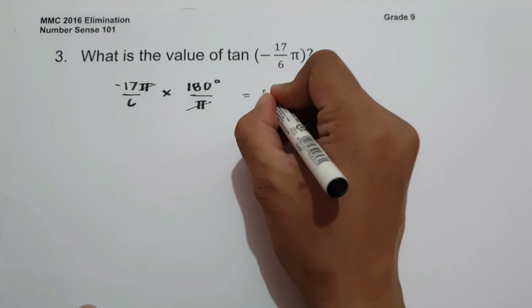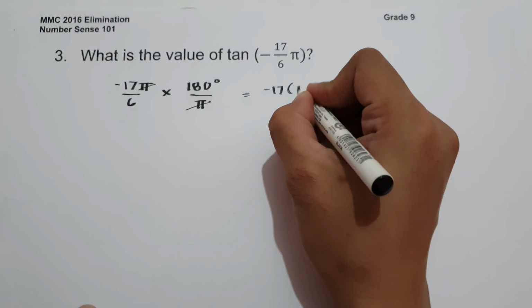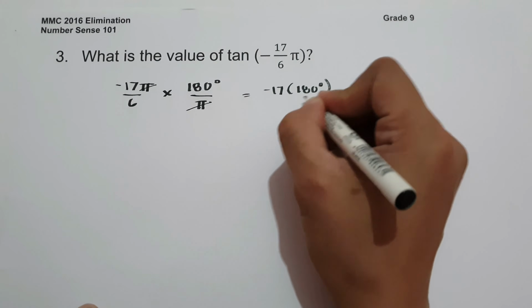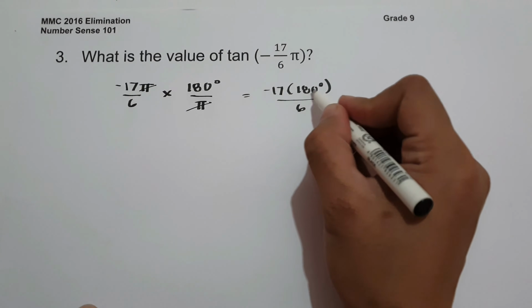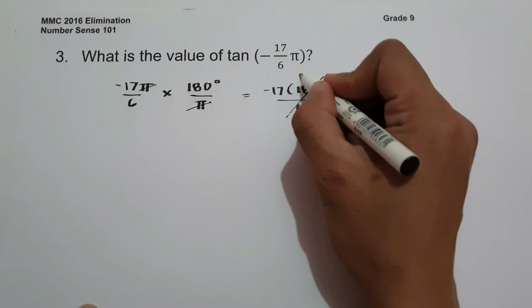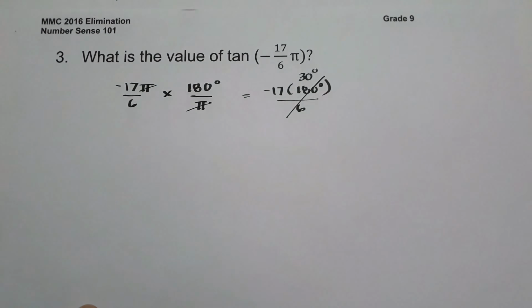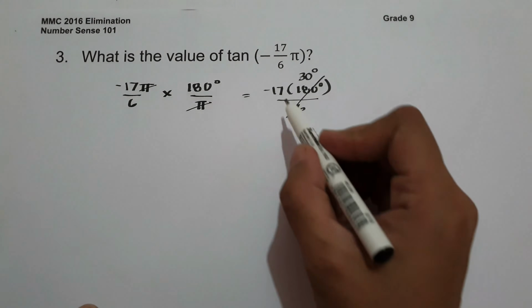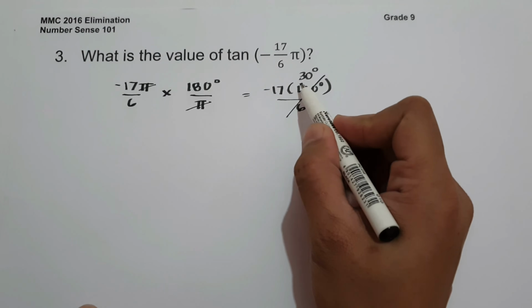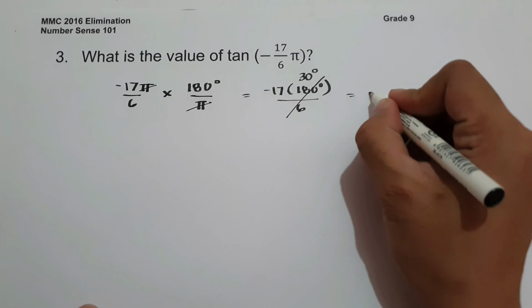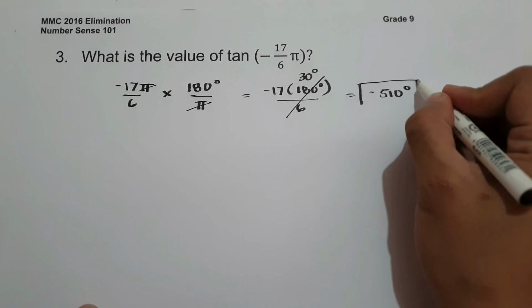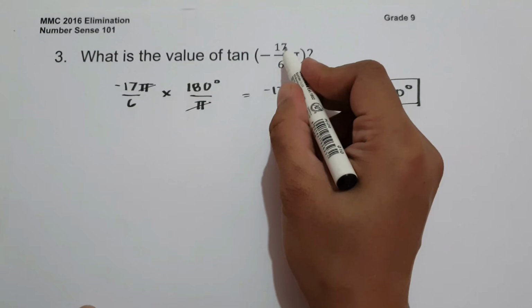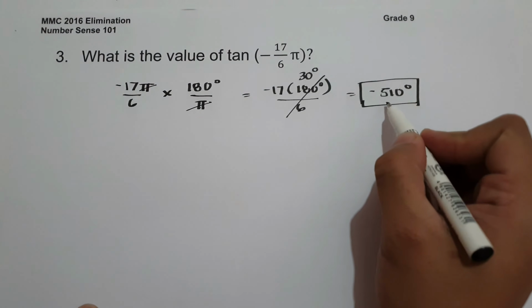It will give us negative 17 times 180 degrees divided by 6. 180 degrees divided by 6 will give us 30 degrees. And negative 17 multiplied by 30 will give us negative 510 degrees. So this will be the value of negative 17 over 6 radians in degrees.